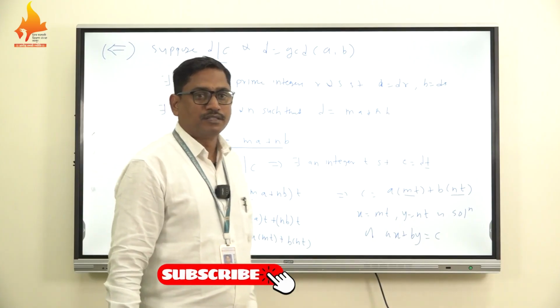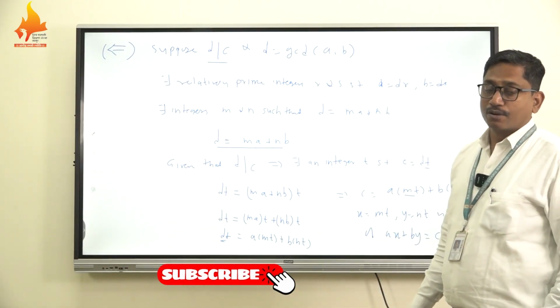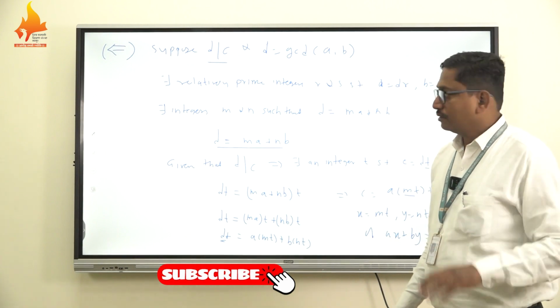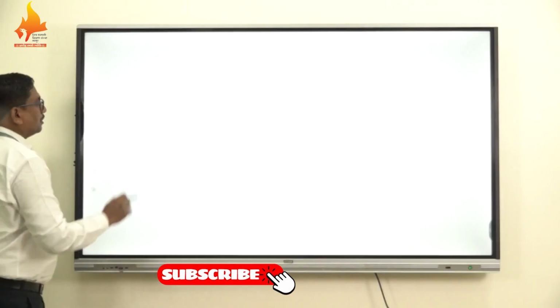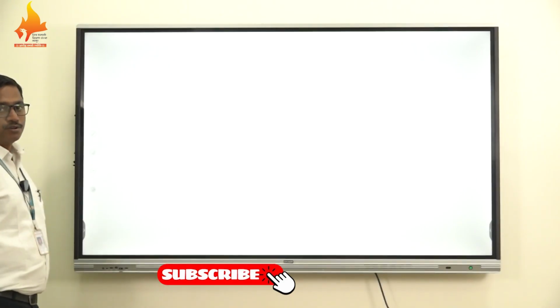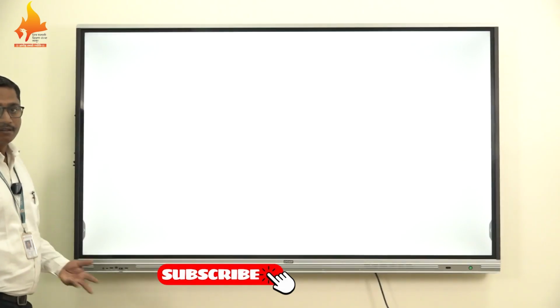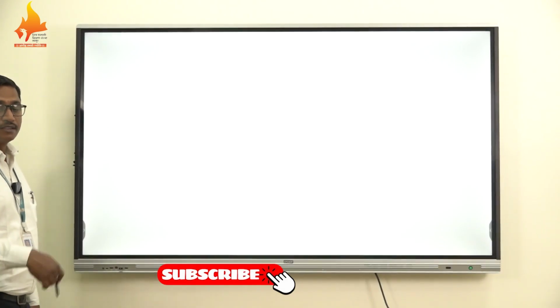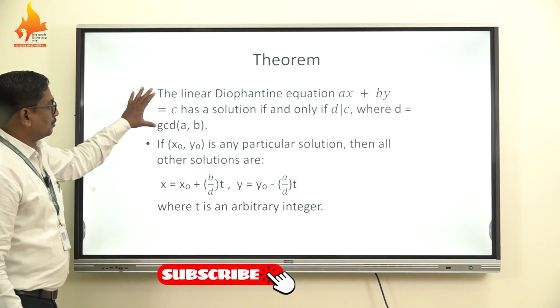Okay, now we'll have the second part of the proof. In the first part, what we have proved is, given a linear Diophantine equation, when will it have a solution? If the greatest common divisor of the coefficients of x and y divides the constant on the right hand side, then it has solutions. This part we have proved.